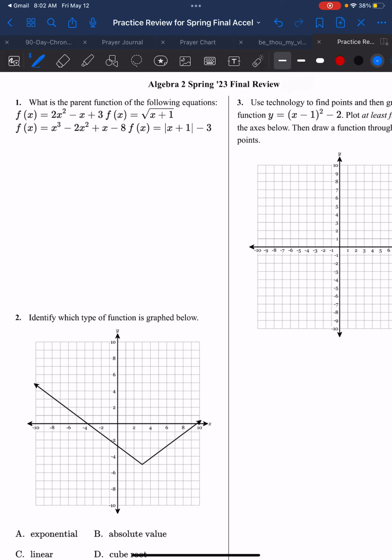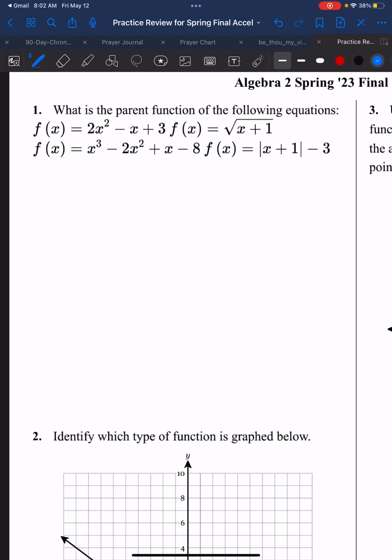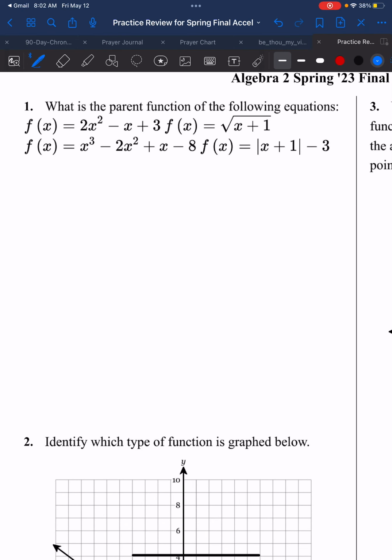So on our review, it says, what is the parent function of the following equations? It's kind of hard to see because when you print off of Delta Math, it gets a little wonky, but we're just going to call this function 1, this function 2, this function 3, and this function 4. Function 1, from the x squared, tells me that it's quadratic.